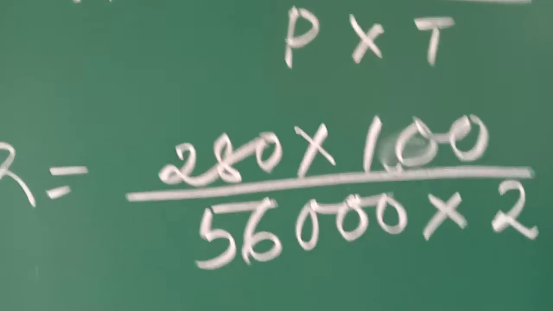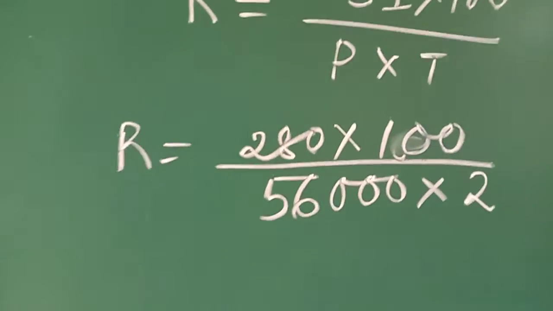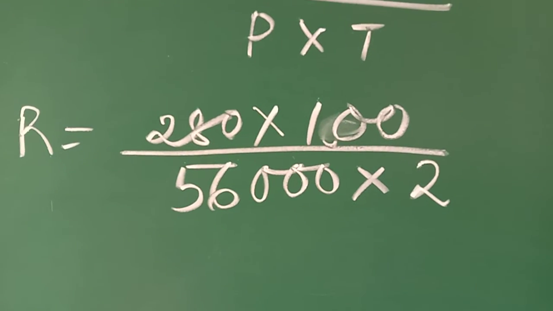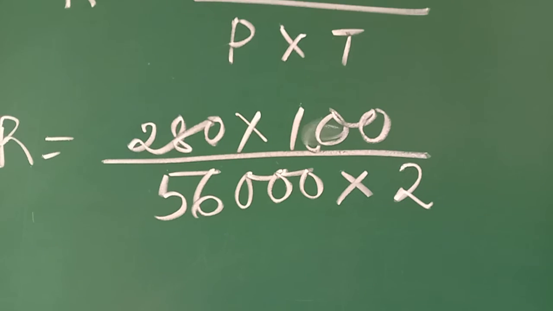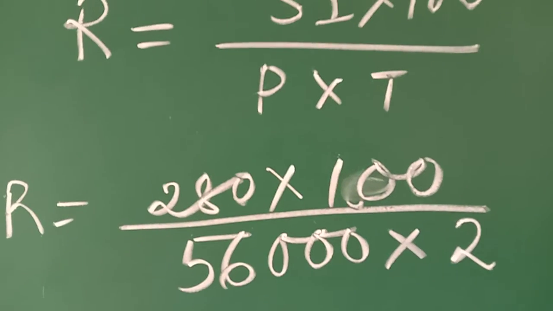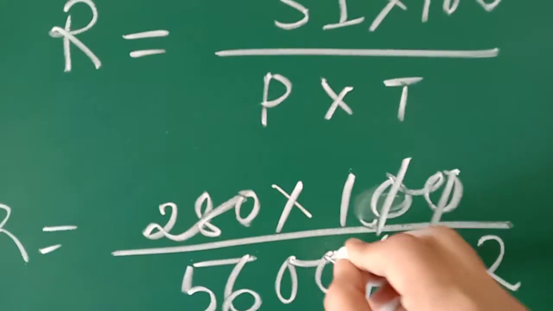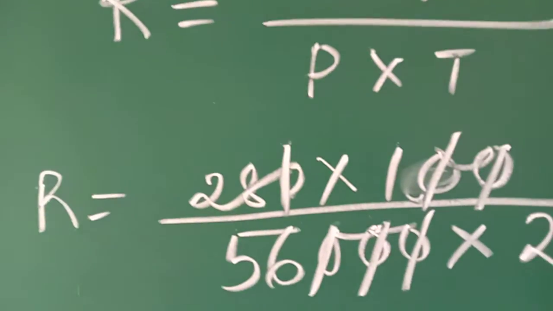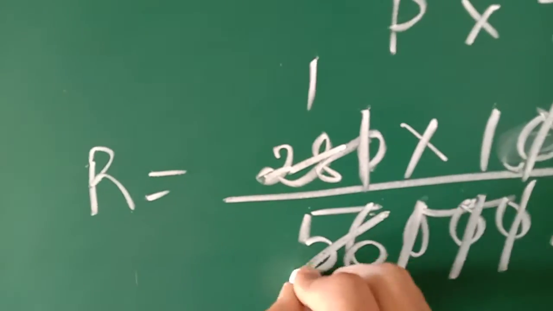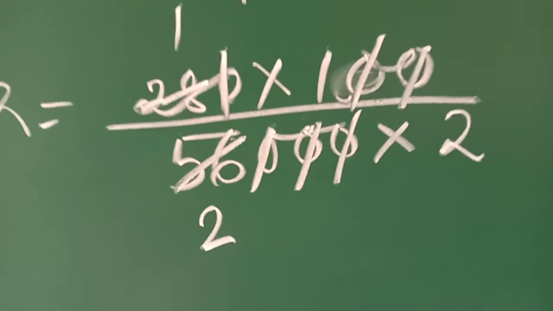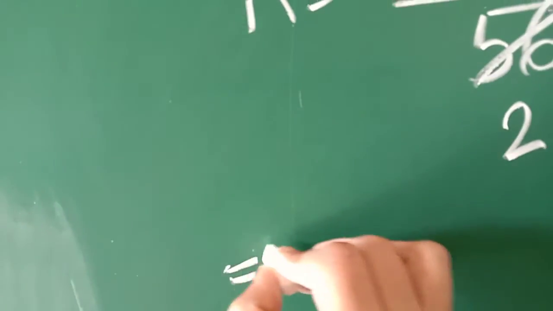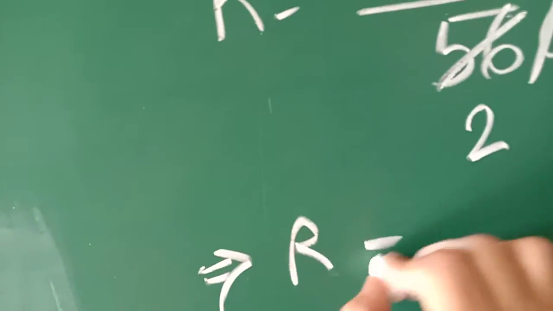So cancel it now. I know that everybody is trying to do the cancellation on your own, so I am giving you a few minutes. Okay, how to do it: 0, 0, 0, 0. Done. Now 28 ones are 28, 28 twos are 56.